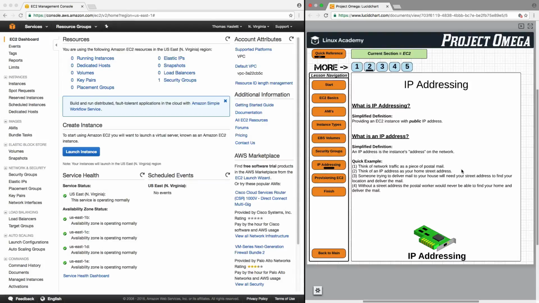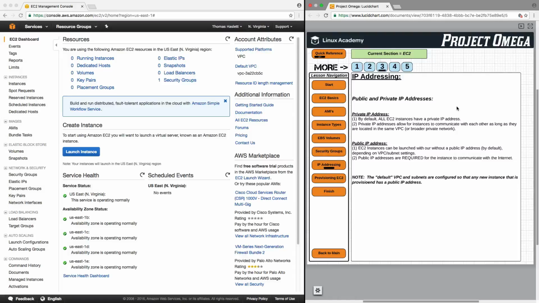Someone trying to deliver mail to your house will need your street address to find your location and deliver the mail. Without a street address, in this case being the IP address, the postal worker would never be able to find your home and deliver the mail. So whenever you think about an IP address, just think about it as your home address. It is the way that people can find you, or in this case, find your instance.